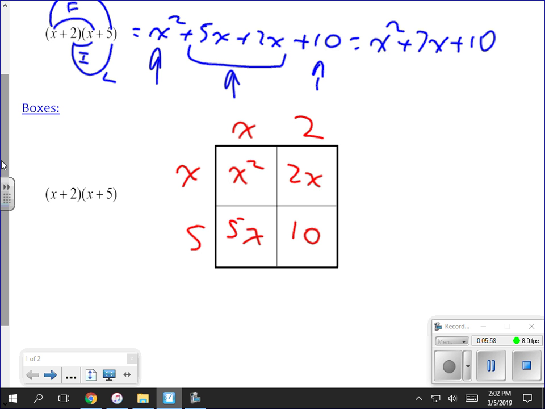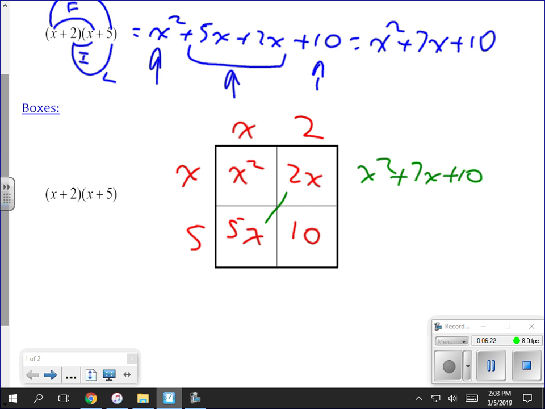Now, one of the things I like about the box method is your like terms are on a diagonal. So when I write my final answer, I have x squared, and then 2x plus 5x gives me 7x, and then plus 10.